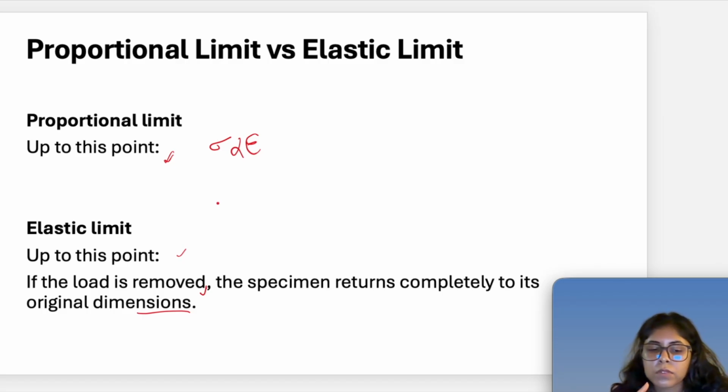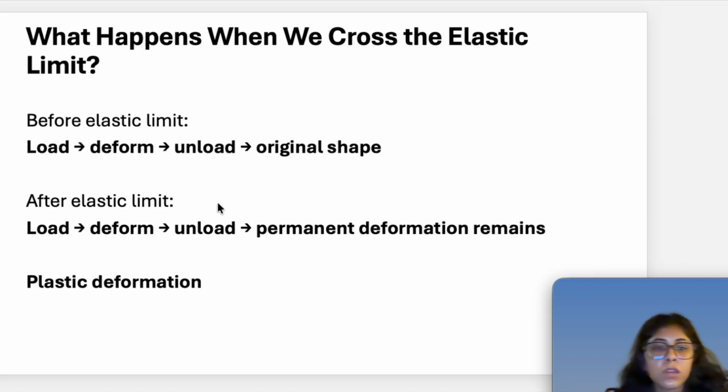Let's see the next slide, which is what happens when we cross the elastic limit. Before the elastic limit, we apply load, it deforms, and when we unload it, we get the original shape. This is what the elastic limit is. But after the elastic limit, the load will create deformation.